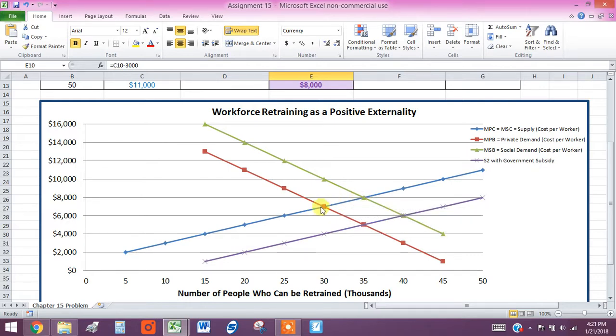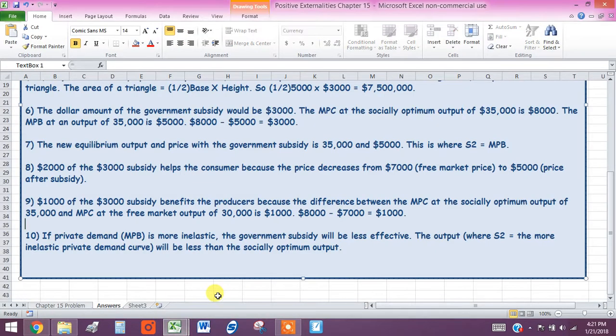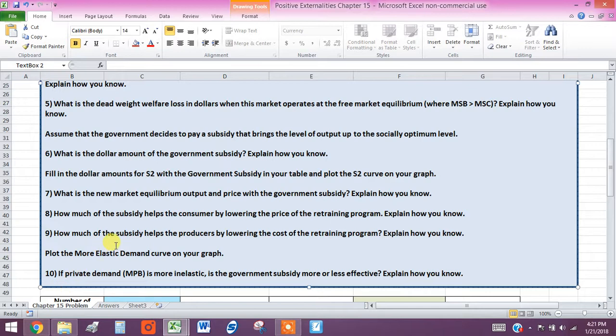So they're saving this with this subsidy, and they're producing here, because their cost would be higher, but it's not, because of the subsidy. So that's number 8. Let's go back over to number 9. Actually, I answered that, right?